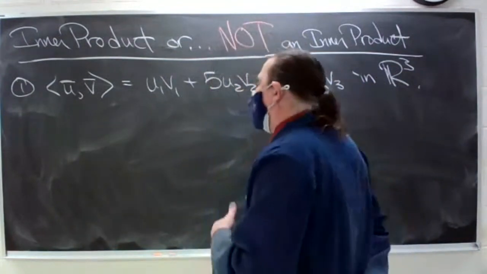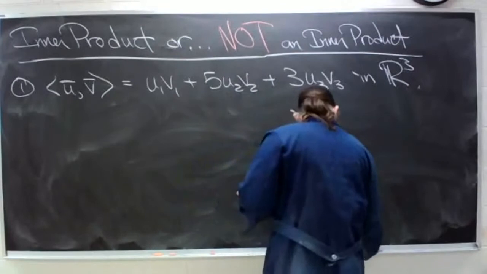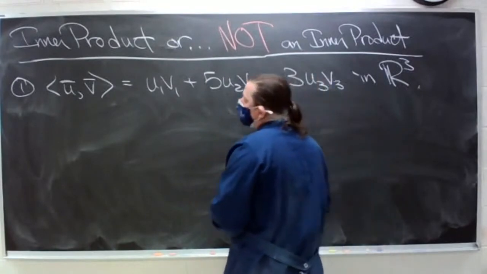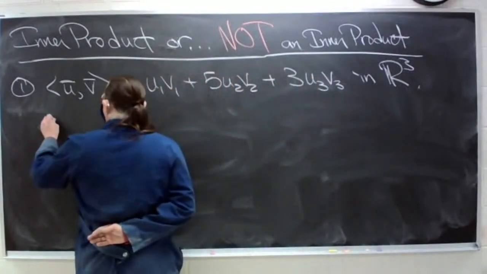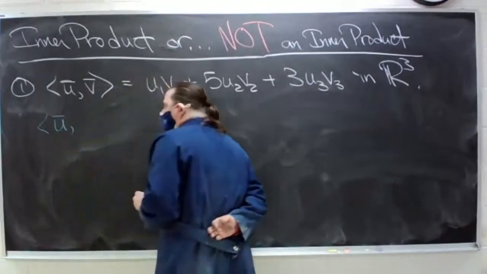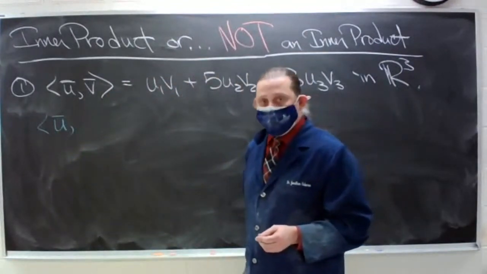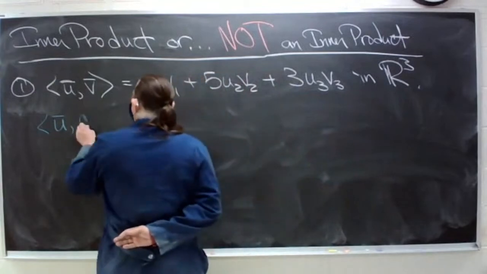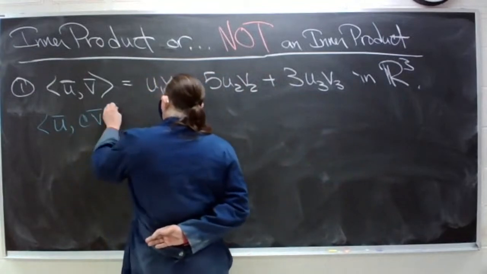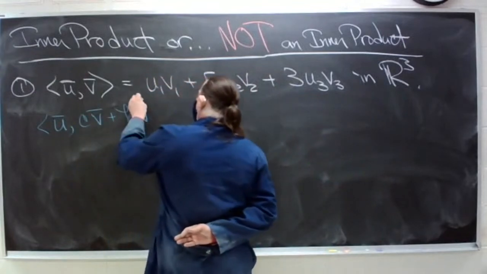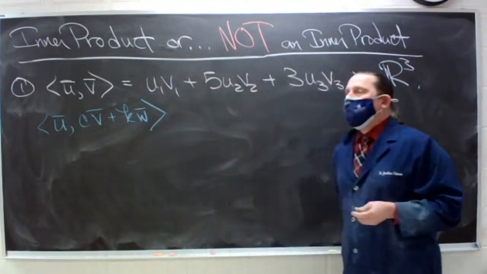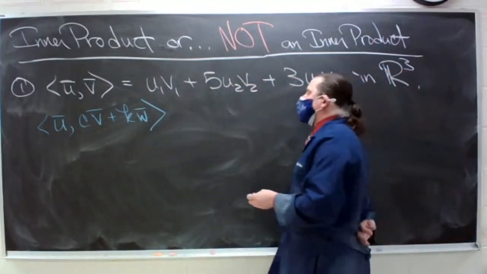So we would be led to consider the inner product of u with, here I can't use subscripts, so I'm going to use a different letter, c v plus k w. So what do I get?